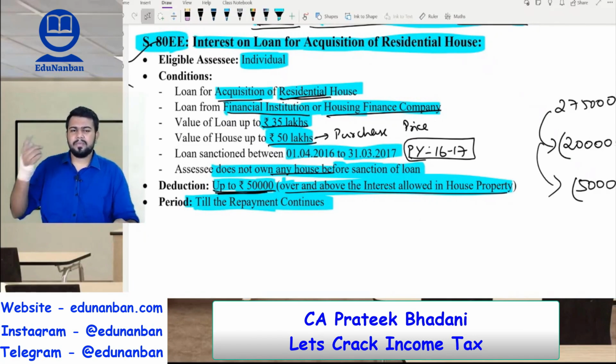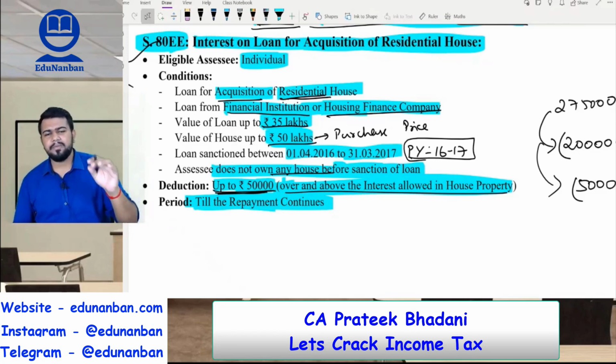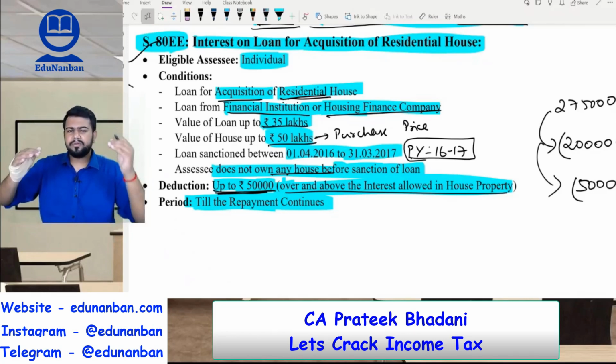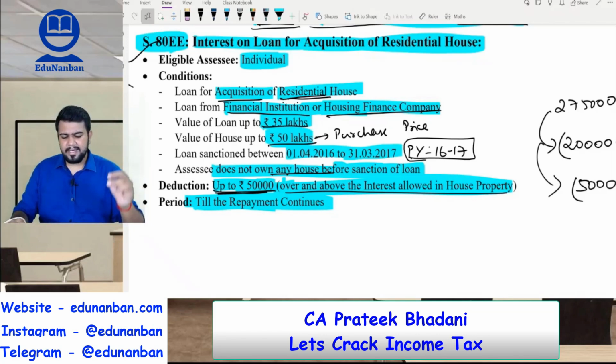So for the interest on housing loan, you will first claim under section 24B under the head income from house property. However, in self-occupied property, how much is allowed? Maximum 2 lakh rupees. Over and above the 2 lakh rupees, whatever interest is there, you can claim under section 80EE, but here also the maximum limit is 50,000 rupees.